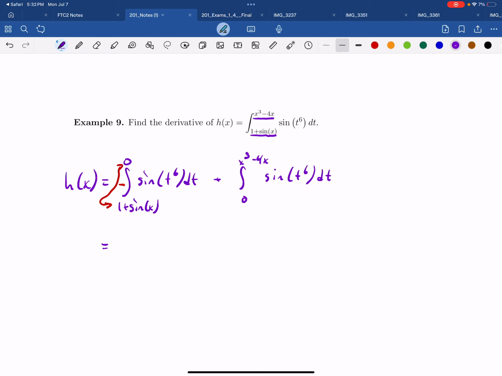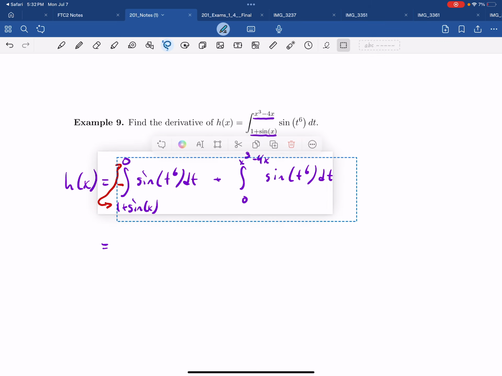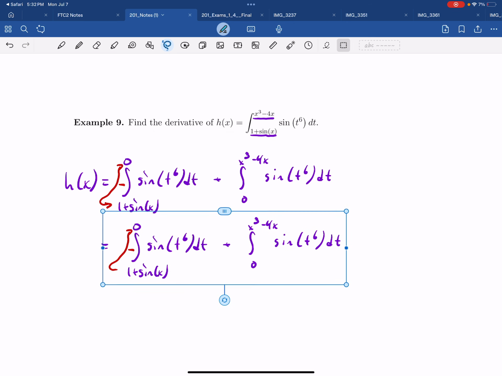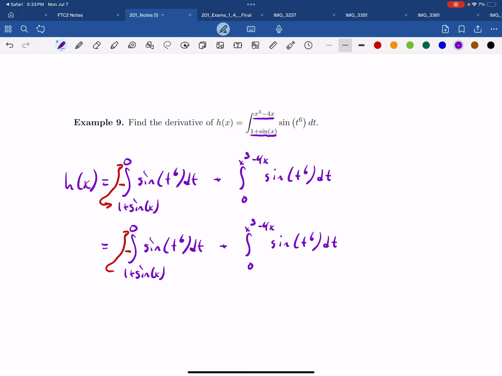This is going to be, let's do a little copy paste though. Here. And we're just going to swap these bounds right here: 1 plus sine of x, 0, and we're going to make that negative, right? You see the difference?